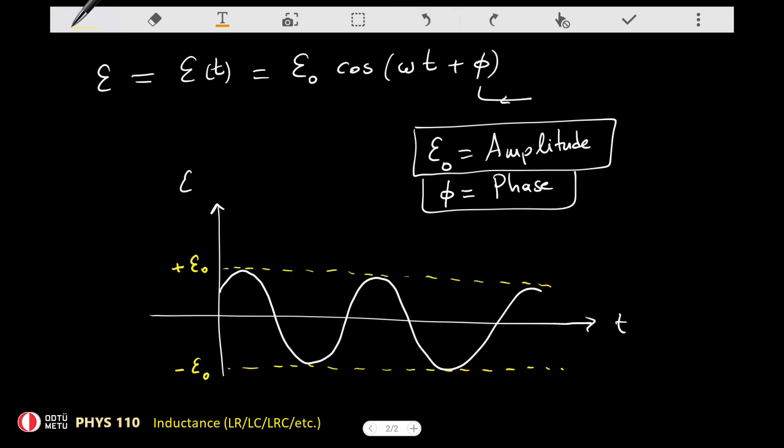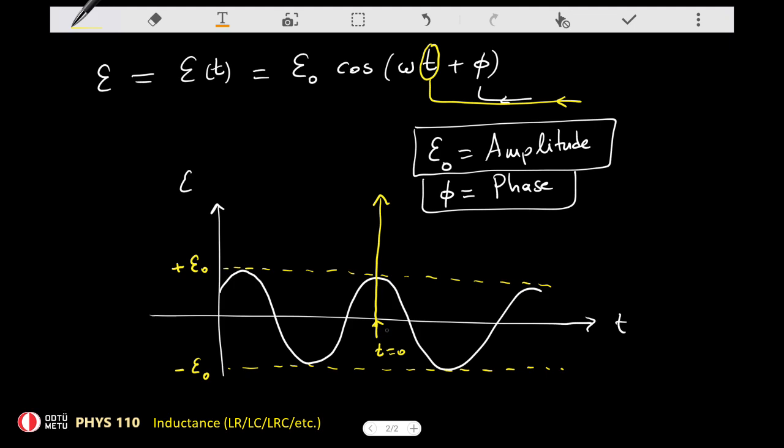Usually the phase is not important because time is something that you can measure starting from any point in time. If I choose my time t equals 0 at this point, by just changing when I start my clock, I can change the value of that phase. So I can start my clock in such a way that this phase angle is equal to 0.